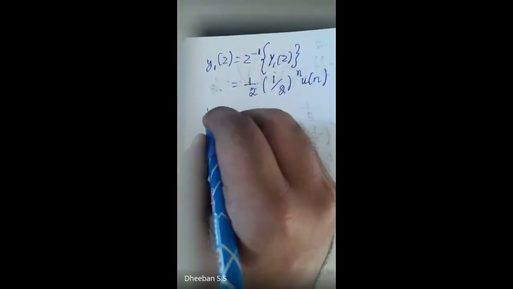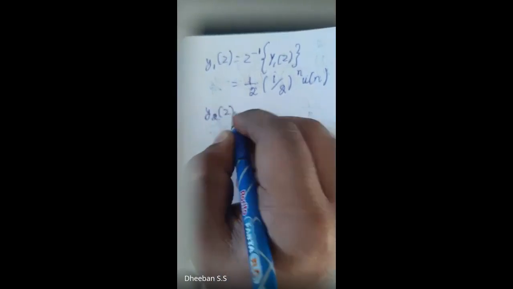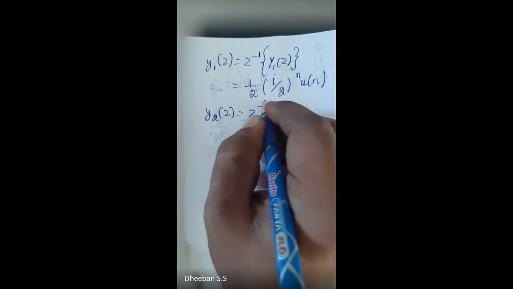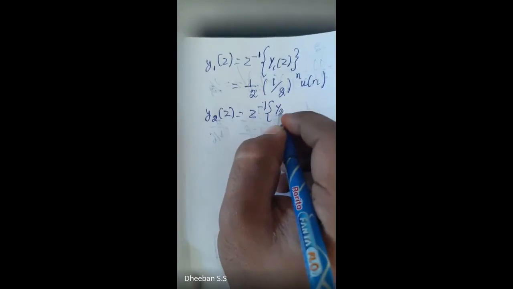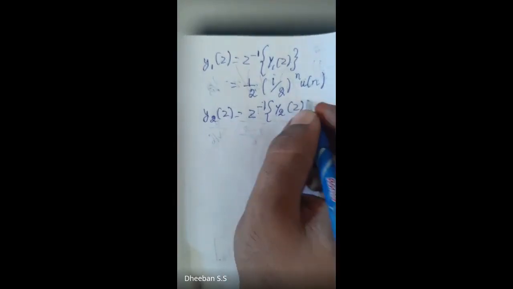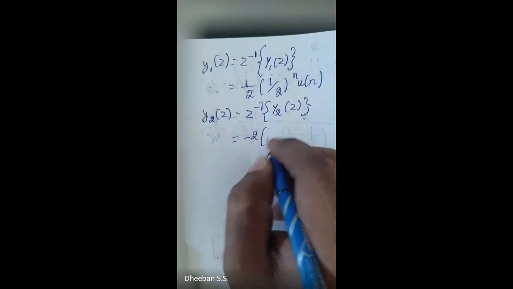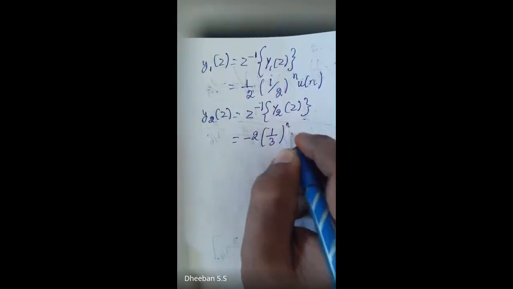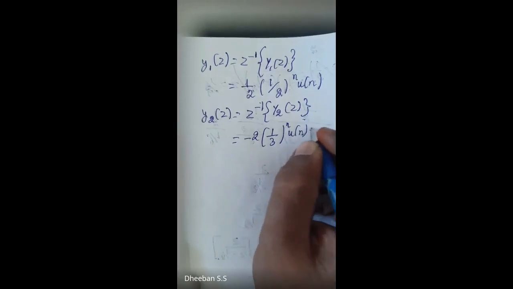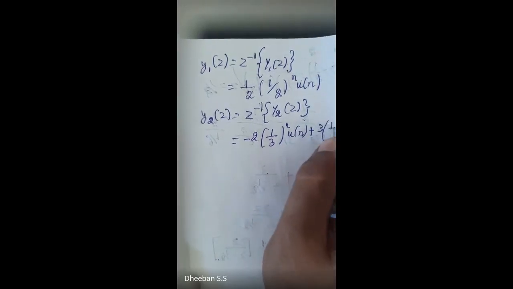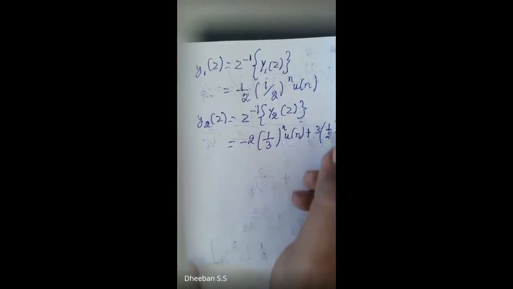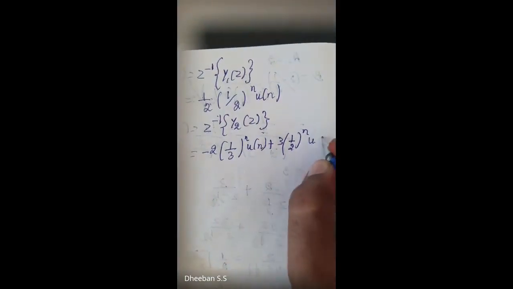For your Y2(z), similarly, it will be z inverse of Y2(z), which will be minus 2 into (1/3)^n u(n) plus 3 into (1/2)^n u(n).